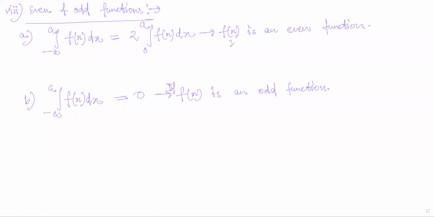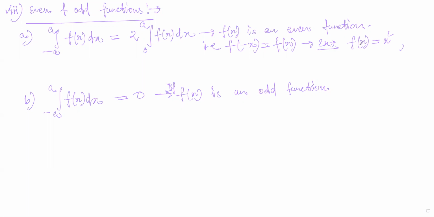Okay, so the even function is basically when you change your x with minus x, but that doesn't change the function. The function is the same. For example, fx is equal to x square, fx is equal to cos x. So if you change x with minus x, let's understand what is an even and what is an odd function.